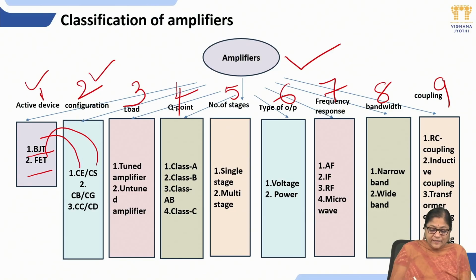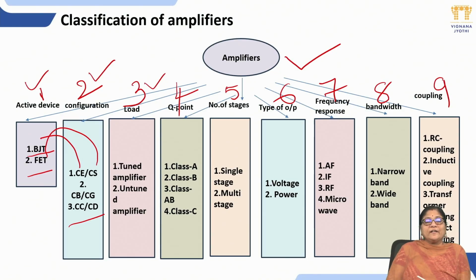Next classification is common base, BJT based, and common gate, FET based. Then common collector, BJT based, and common drain, FET based. So based on the configuration of the device we use in the construction of amplifiers, the amplifiers are divided into these 3 classifications.